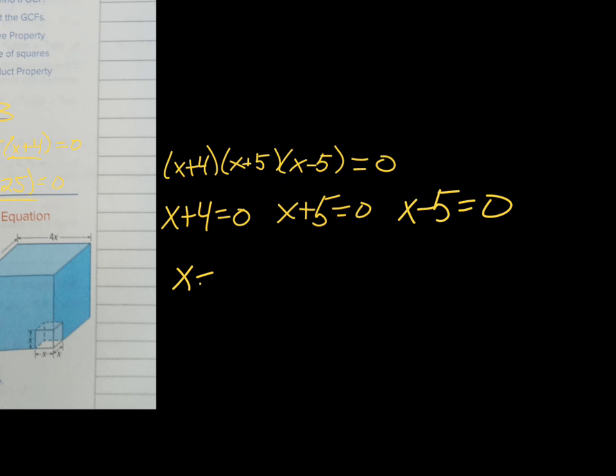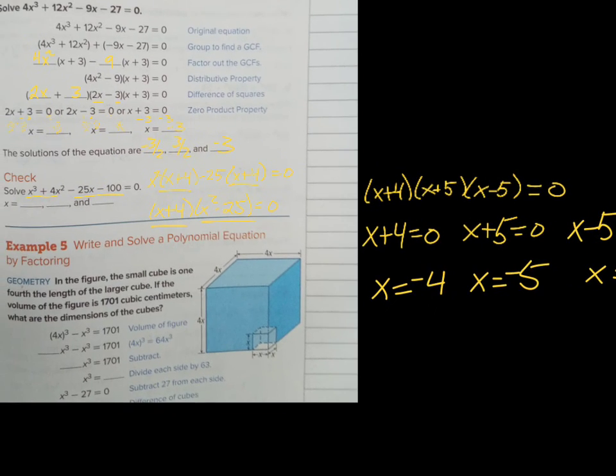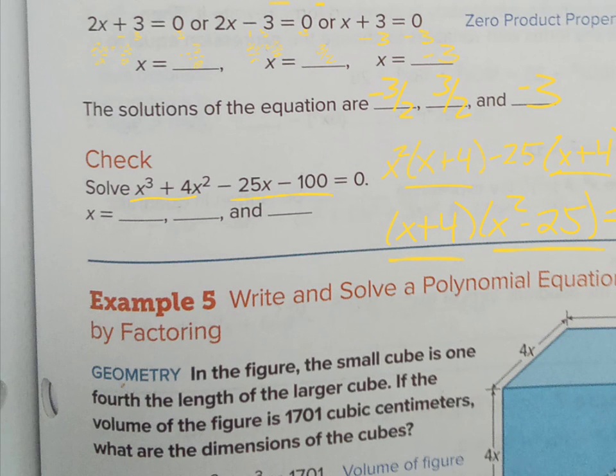So then our answers are x equals negative 4, x equals negative 5, and x equals positive 5. So negative 5, negative 4, and 5.